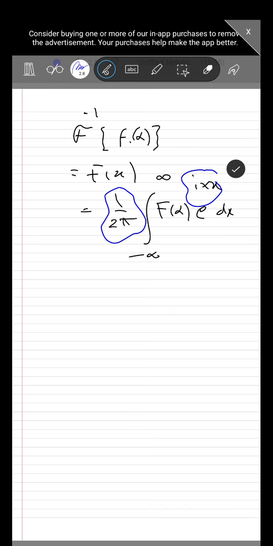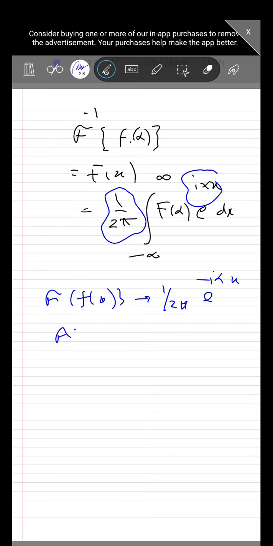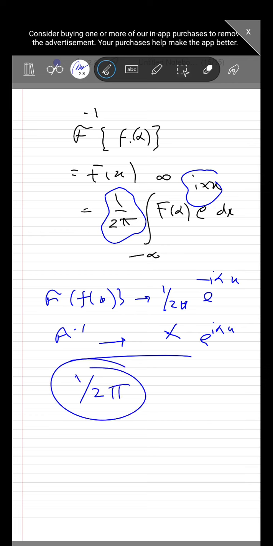Now, the Fourier transform in many cases can be written with a kernel of minus i alpha x. If this is the case, then the inverse Fourier transform will not have this, and the sign will get changed. So there are two aspects: one is having this factor multiplied at the front, and the other is the sign of the kernel, whether it will be plus or minus.